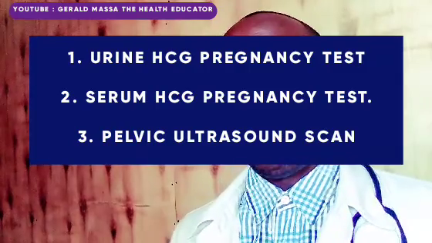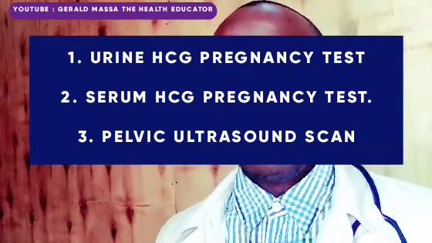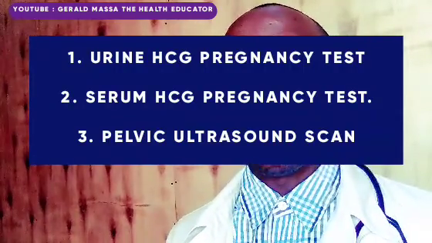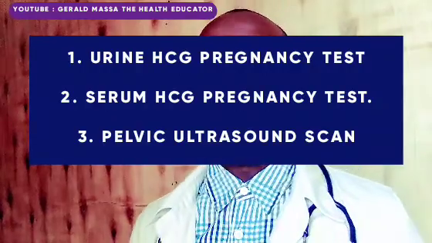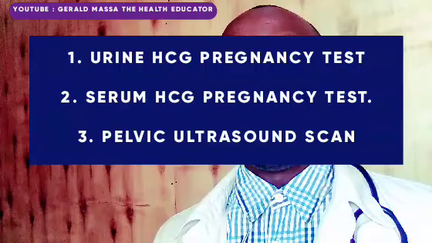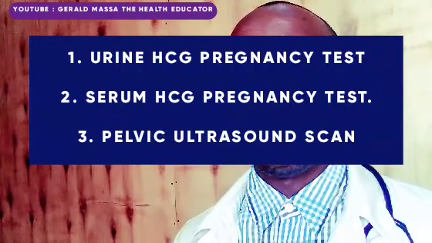After preparation of this small sample of blood in a purple top container, the tests can be done to look for the pregnancy hormone. This is one of the most important tests for testing for pregnancy. It is the second type of test, known as the serum HCG pregnancy test.